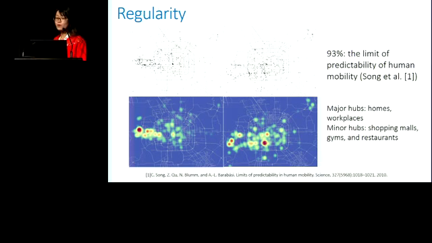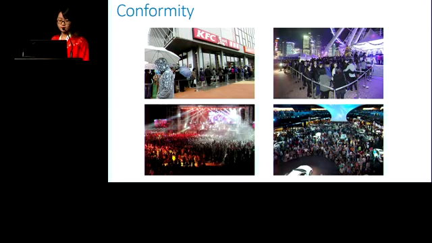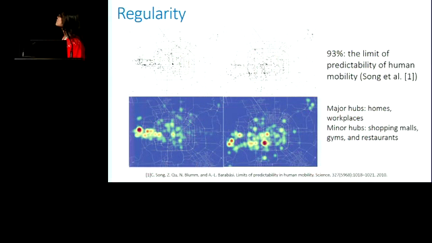For example, the figures plot the location check-ins of two real users in Beijing, and we perform kernel density estimation on the location check-ins and obtain the bottom figures. Clearly, we can see the major and the minor hubs of these two users. It is the so-called regularity. So what is the conformity?